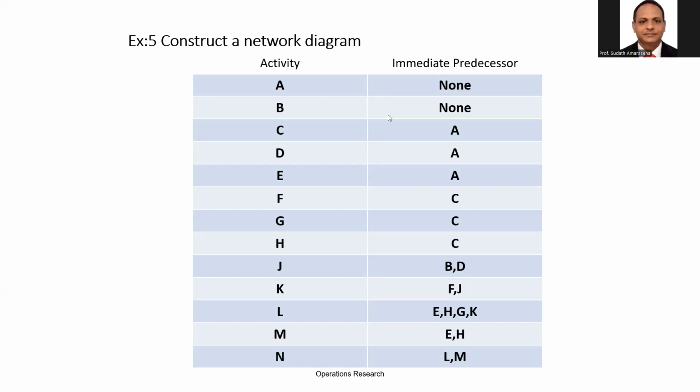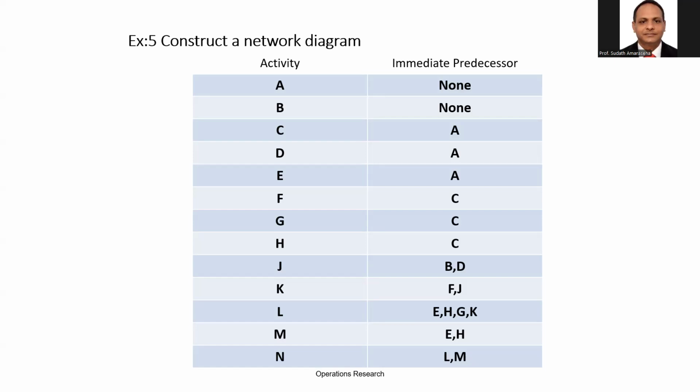Did you complete the answer? I think the time is enough now. I'll explain now. Okay, sir. Right now, we can say A and B can start without completing anything.